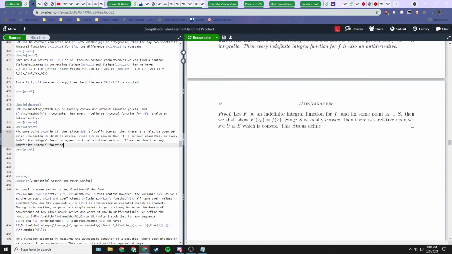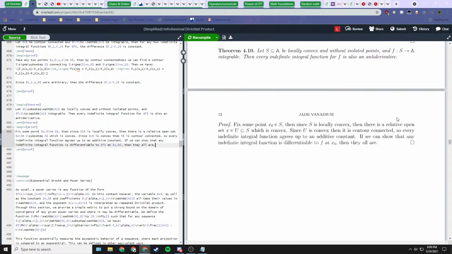If we can show that any indefinite integral function is differentiable to f at x0, then they are.